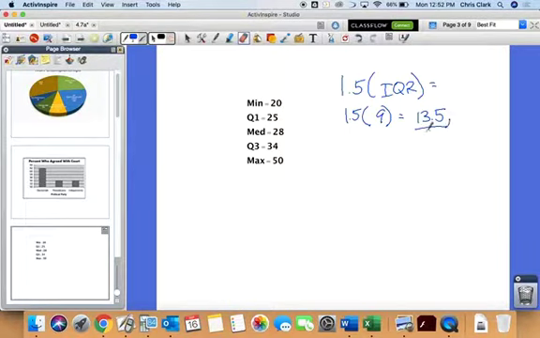I take 13.5, add it to Q3, and then subtract it from Q1.